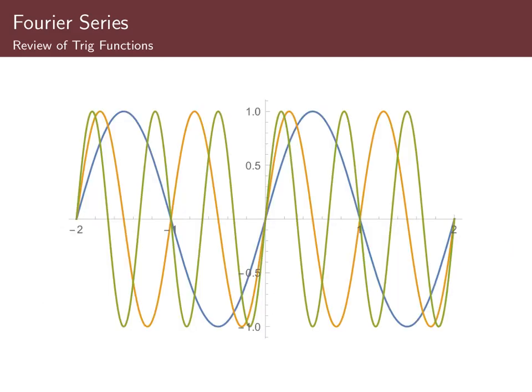Here are some examples of some sine functions. I believe the blue is sine of pi x, whereas the orange is sine of 2 pi x, and the green is sine of 3 pi x, just for reference. Those are the kind of functions that we're dealing with.